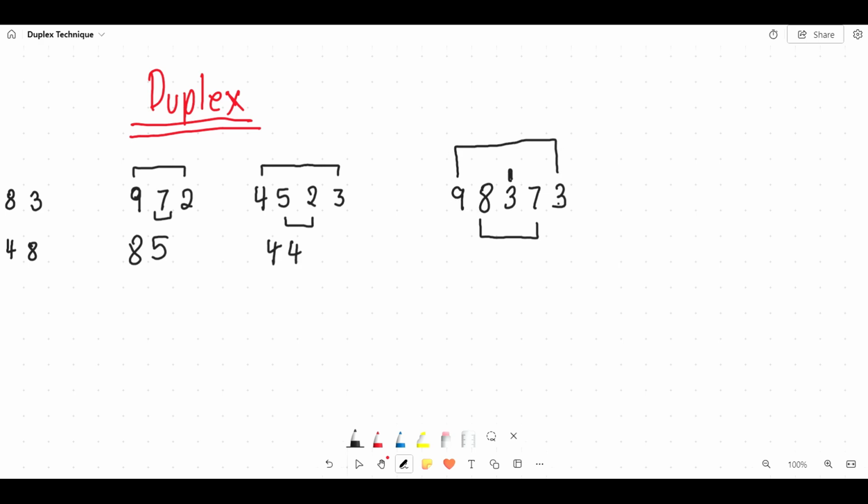So 9 and 3 duplex, 9 into 3 into 2, basically 9 into 6, 54, or 9 into 3, 27, into 2, 54, either way works, and 8 into 7, 56, into 2, 112, so you add 54 plus 112 plus 3 squared, which is 9, don't forget, and you add all 3, so you have your final answer 175.